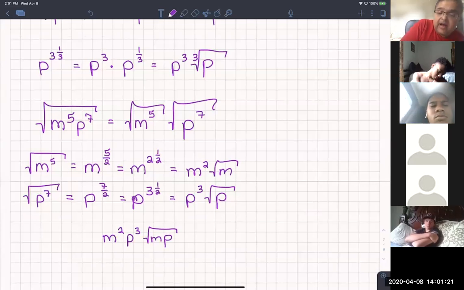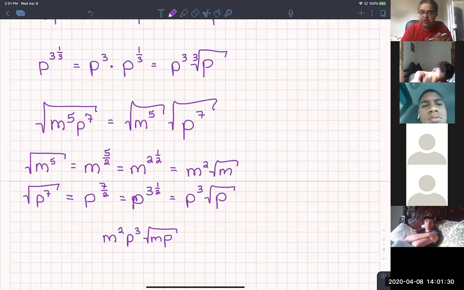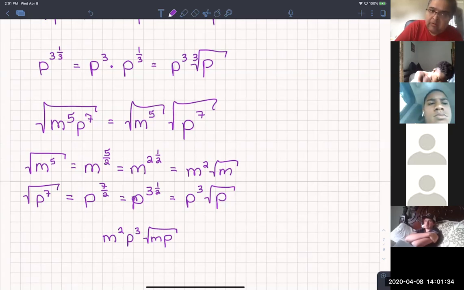So you can simplify radicals using rational exponents as well. Okay. You don't have to do this with square roots because I showed you another way, but you're more than welcome to do it this way if you find it a little bit easier, or if you only want to memorize one way of solving these things. Okay.